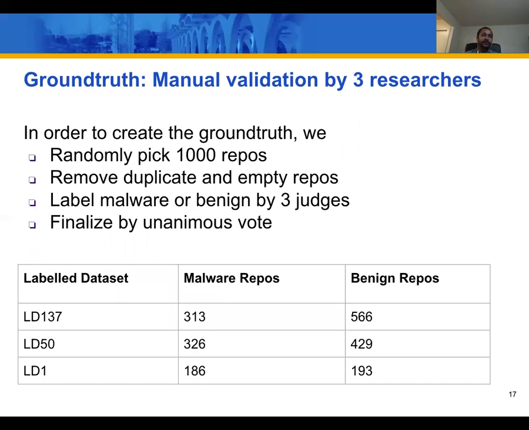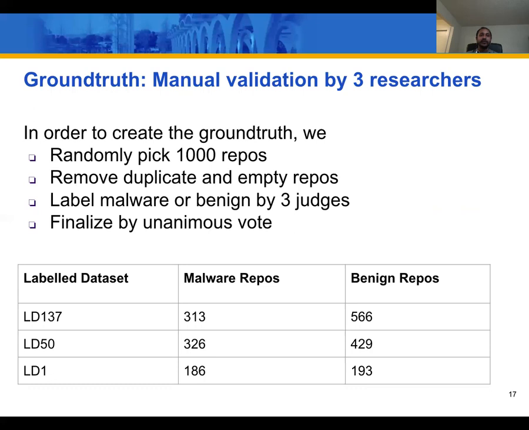At first, there is no ground truth for this work, so we needed to manually create the ground truth. In order to do this, we invited 3 independent researchers. They were instructed to randomly pick 1,000 repositories from each repository dataset, that is from RD1, RD50, and RD137, and they removed duplicate and empty repositories, and then carefully investigated these repositories to label them malware or benign.